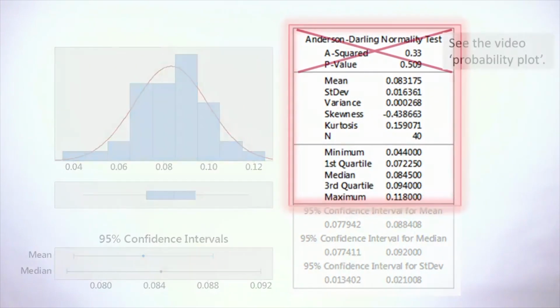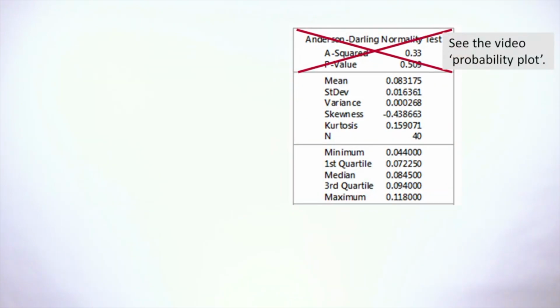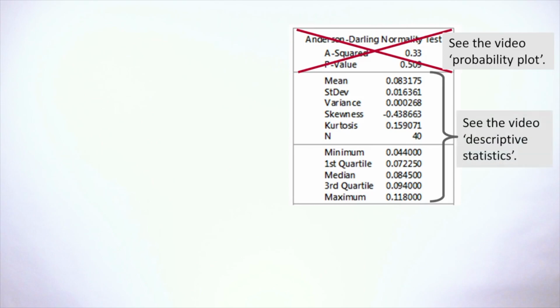This bit on the Anderson-Darling test will not be discussed here, for that see the video on probability plots. We already know these reported statistics from the video on descriptive statistics. The mean, based on the sample, can be used as an estimate for the location of the population.